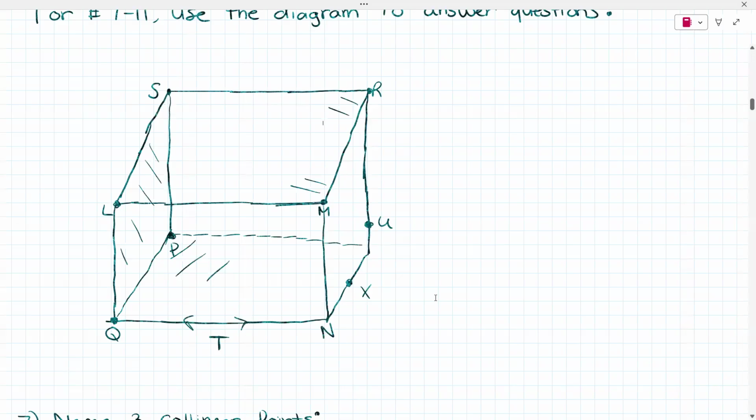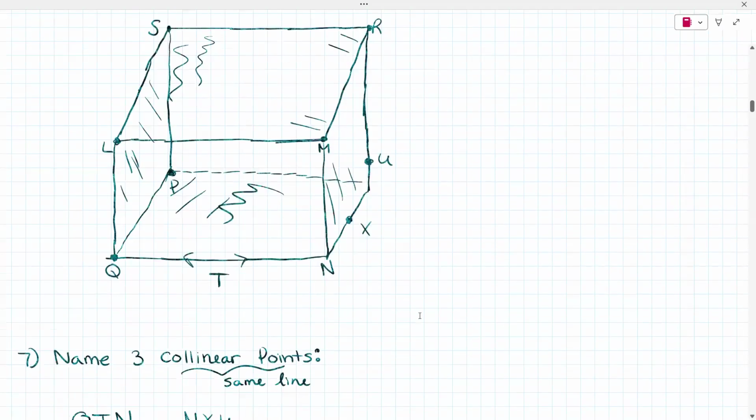And then maybe also L, S, P, and N, right? L is on this plane, S is on this plane right here, and P is on this plane, and N is on this plane right here. So yeah, it could be LPMR and LSPN.